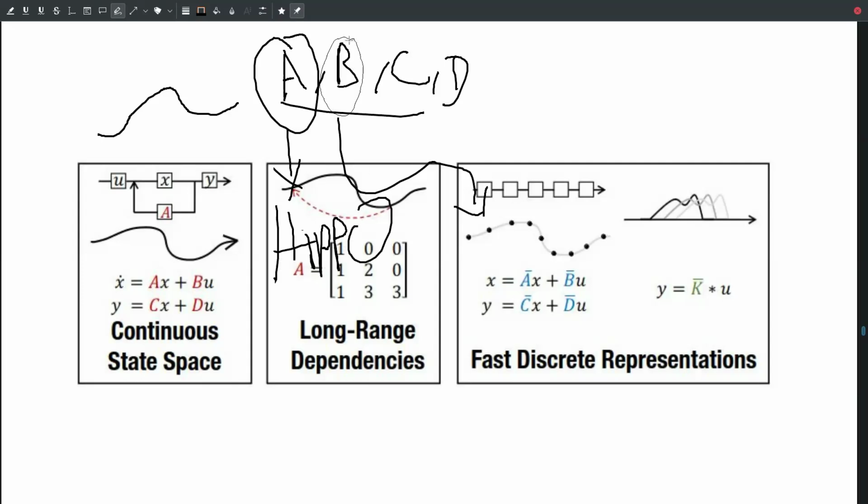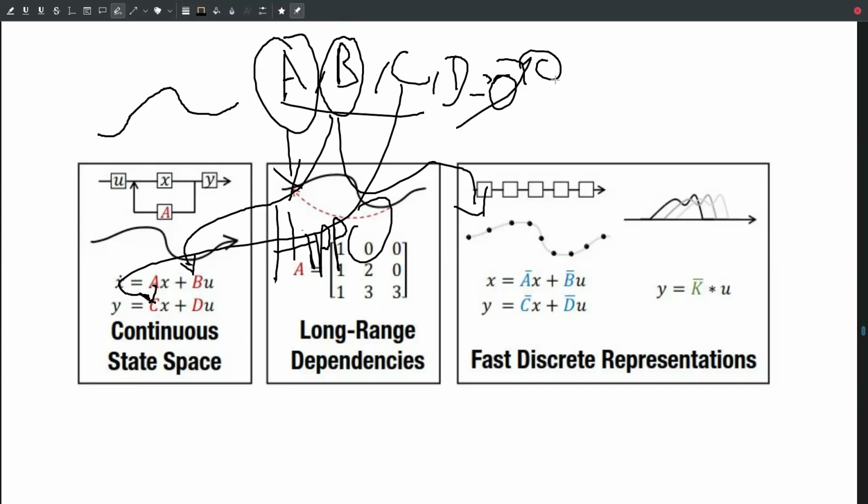B is some kind of normalized matrix, not much of a diagonalized parameter matrix, C is also a parameter, and D here is initialized to 0. You don't do any computations with D, so you just ignore it.